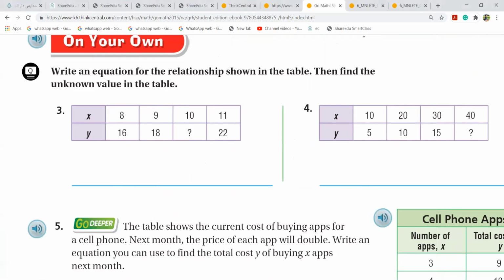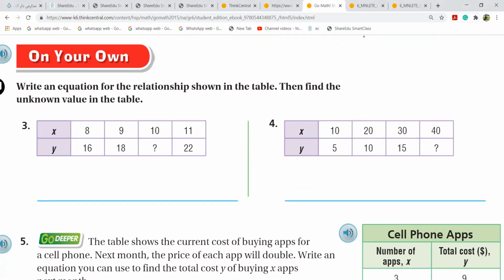Come on. See, we have so much. Now this time, we need to write the equation. To write the equation, we need to know the relation, girls. What is changing? X is changing: 8, 9, 10, 11. Tell me the multiples: 16, 18, 22. When do they come? 2 times 8, 2 times 9, 2 times 10, 2 times 11. So 8 is x, 9 is x, 10 is x, and 11 is x.